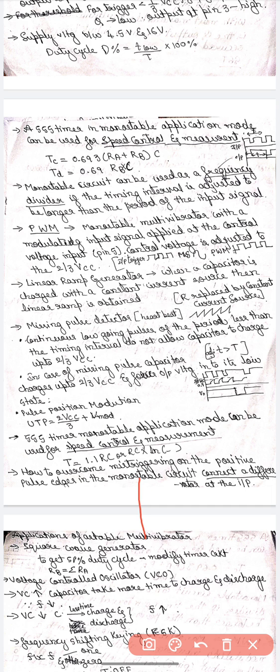Next, a linear ramp generator. If you want to get a linear ramp generator, the capacitor should be charged with a constant current source, then only we get a linear ramp.